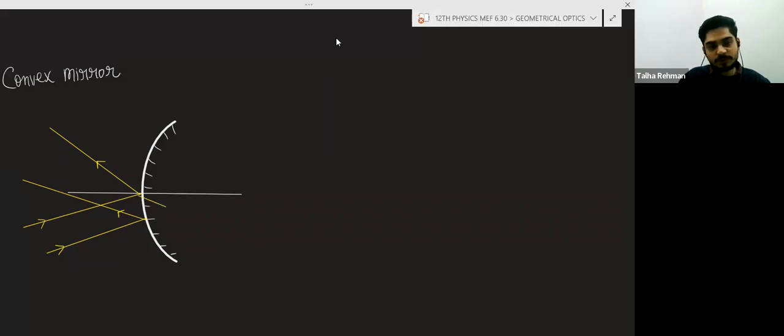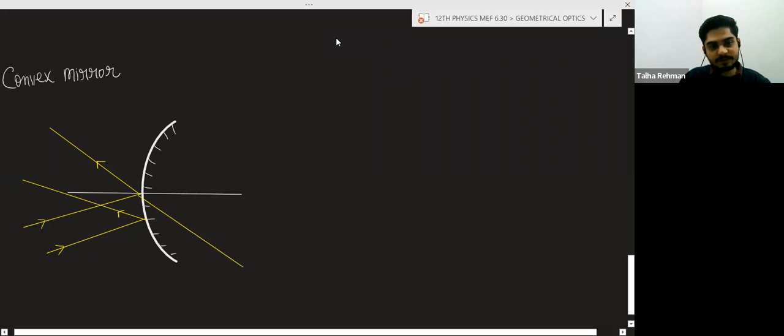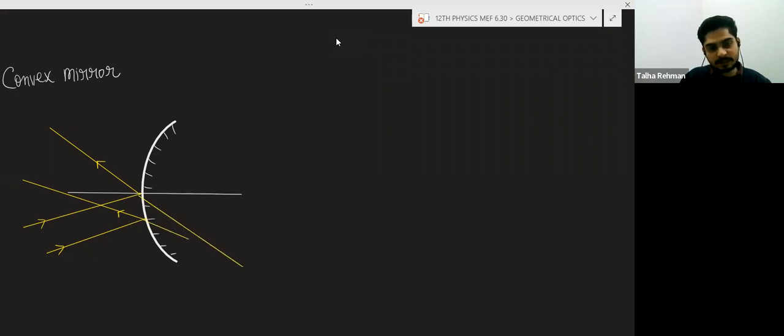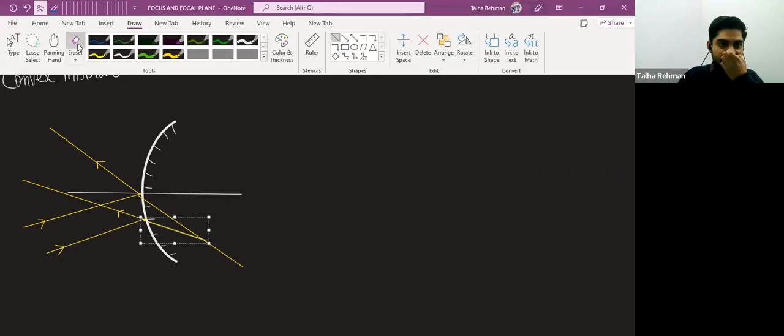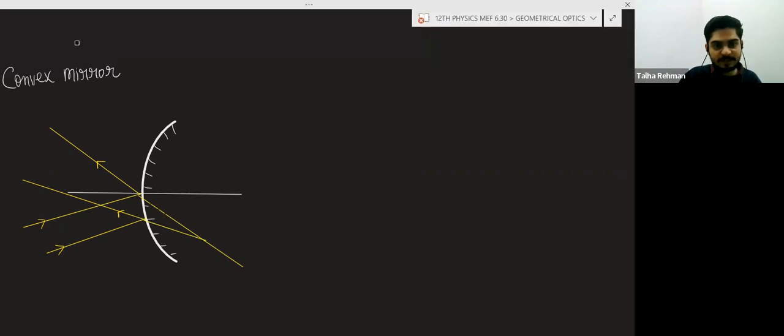Now when you produce these reflected rays, or you can say diverged rays, backward like this, these rays will meet at a common point on the focal plane.